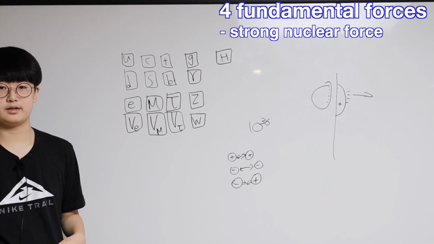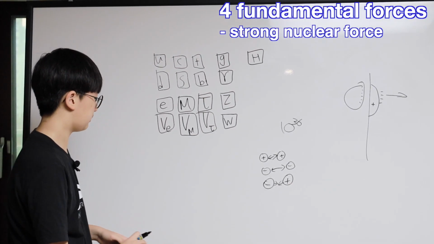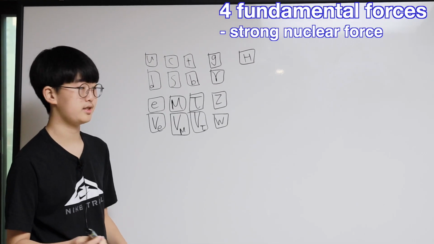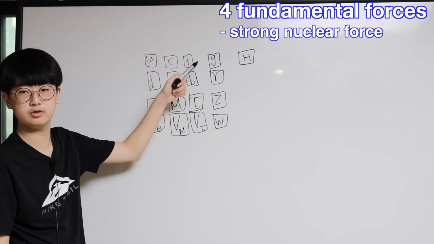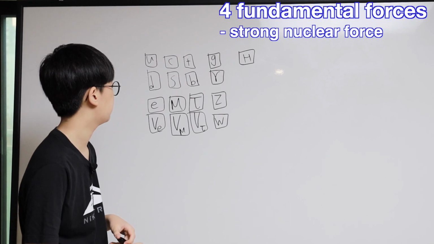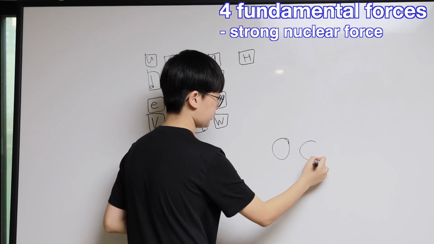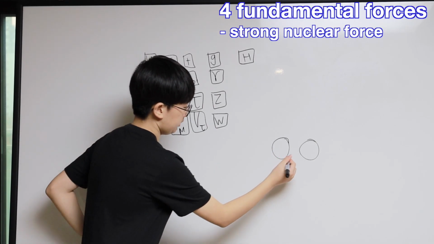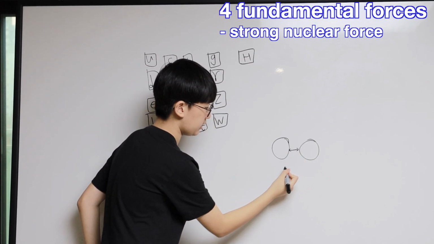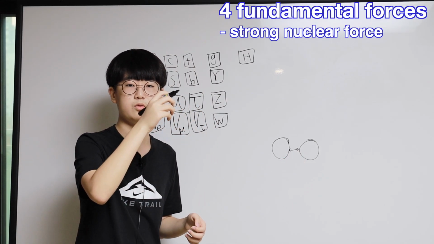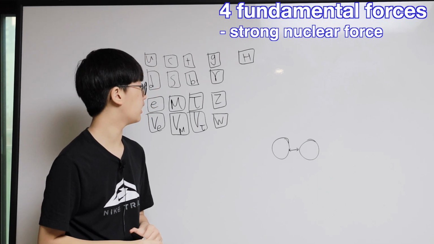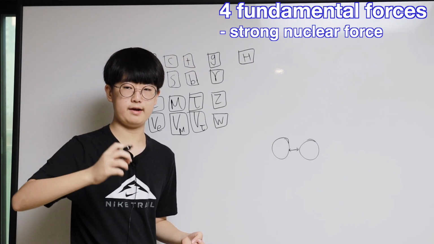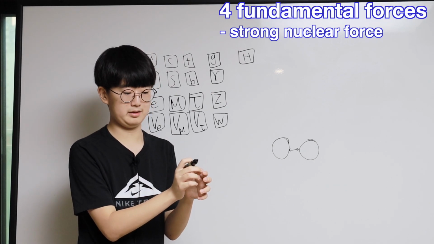And now there's the strong nuclear force. The strong nuclear force is transmitted by a particle called a gluon. Let's say here's a particle and here's another particle. For the strong force to apply on these two, the distance between them has to be less than 1 femtometer, which is 1,000th of a nanometer, a very, very small amount of space.